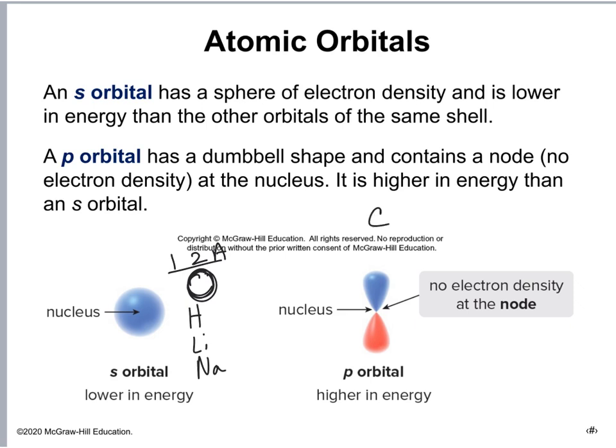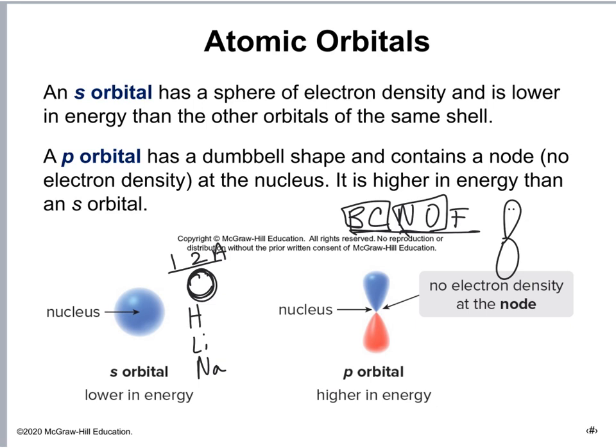For the p orbitals, carbon, boron, nitrogen, oxygen, and fluorine have their valence electrons in these p-shaped orbitals. You remember that each orbital will hold 2 electrons, and so there's a p orbital, and a p orbital, and a p orbital.